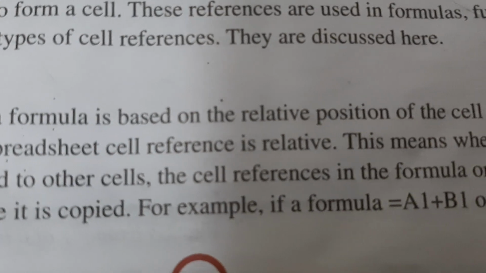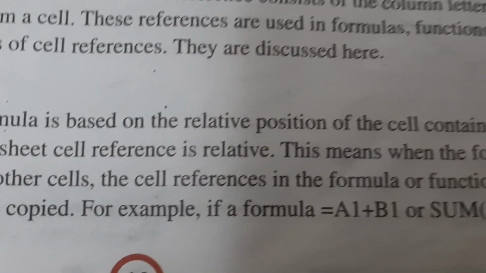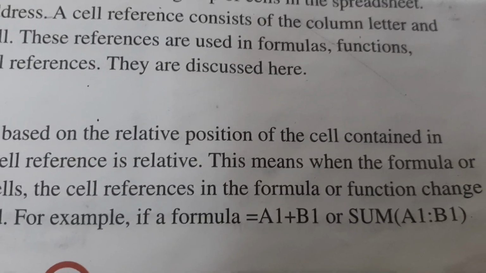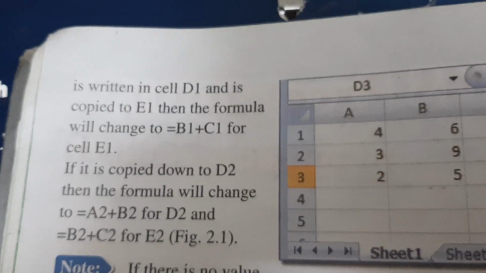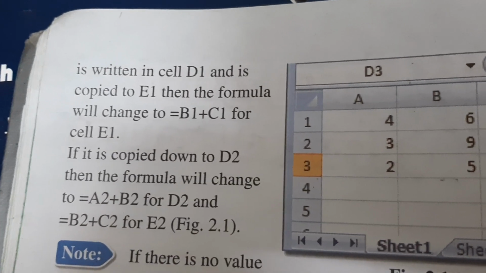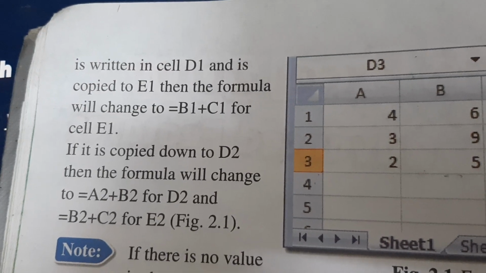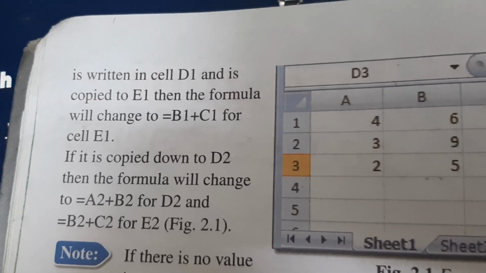In your book, an example is given. If a formula A1 plus B1, or sum A1 into B1, is written in cell D1 and is copied to E1, then the formula will change to B1 plus C1 for cell E1.